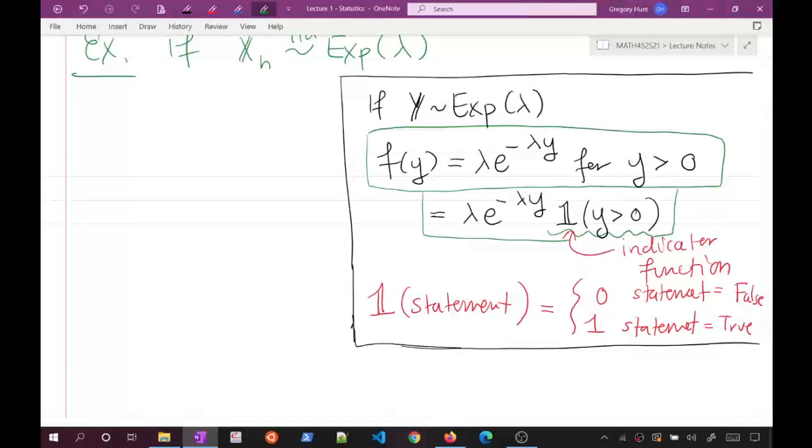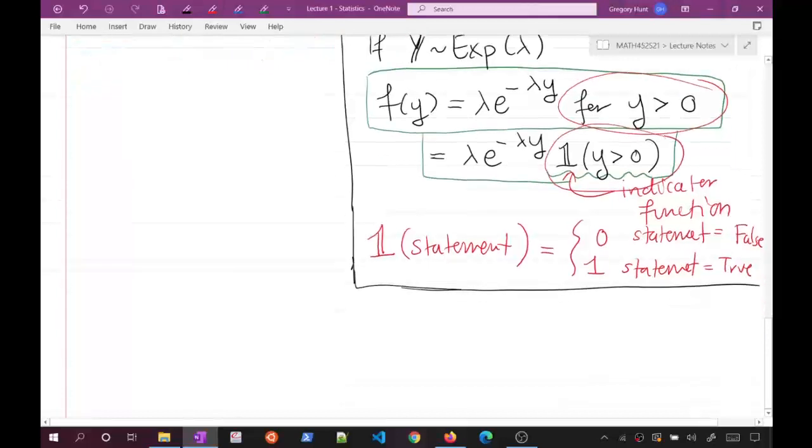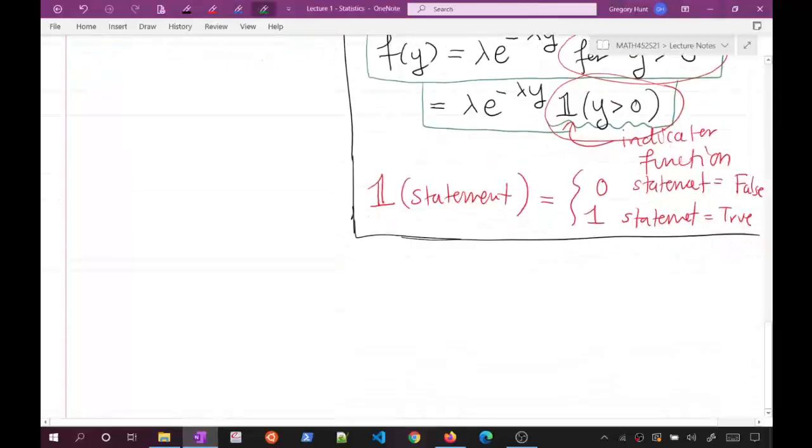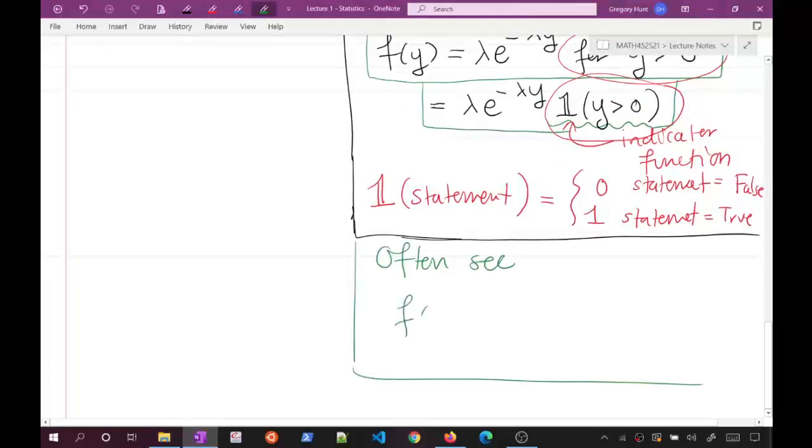So typically, you'll often see this happen where whenever you could write something like for y bigger than 0, or for whatever the support is of the random variable, you could instead say indicator of the support. So let me just write that down. So we'll often see f of y equals something times indicator of y in the support.